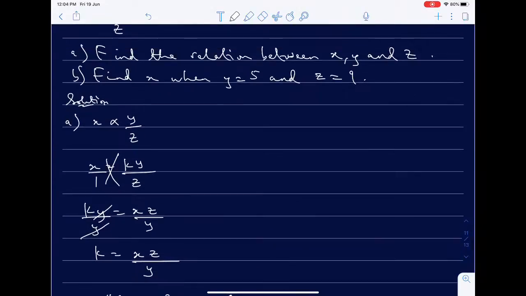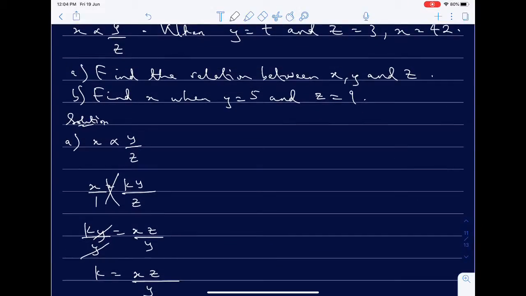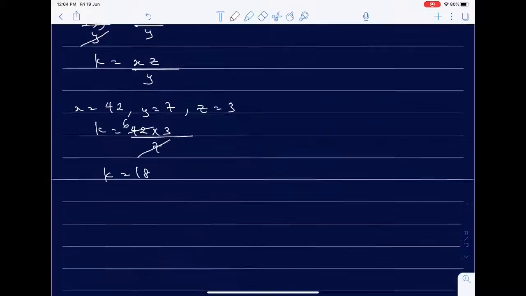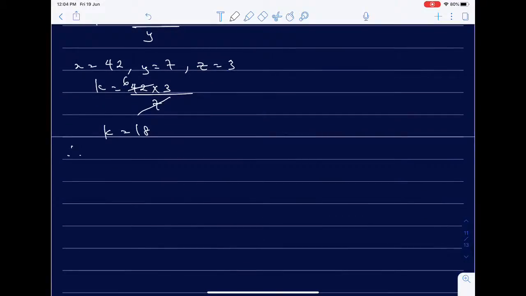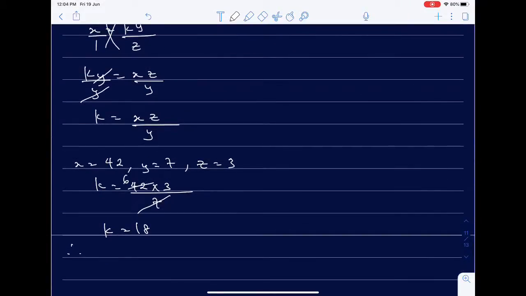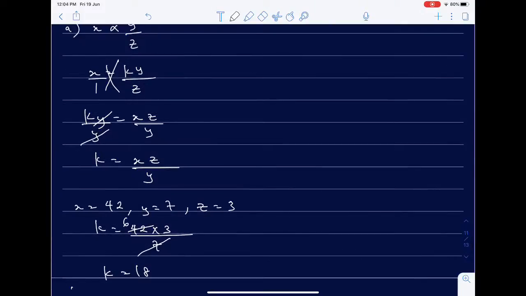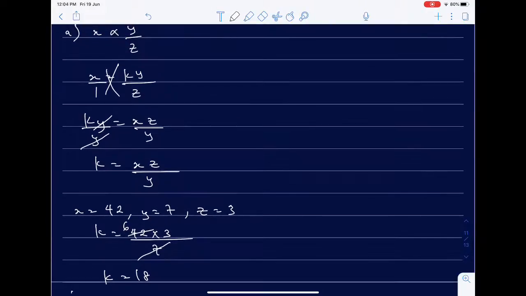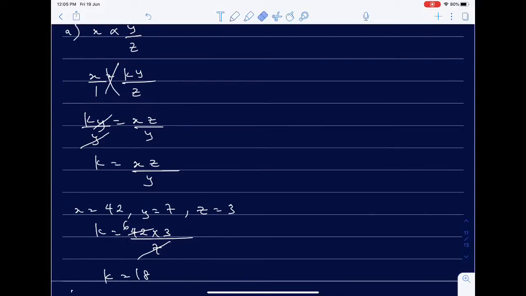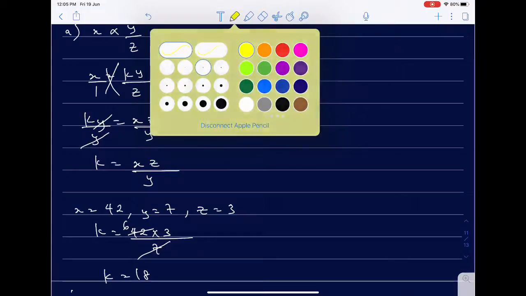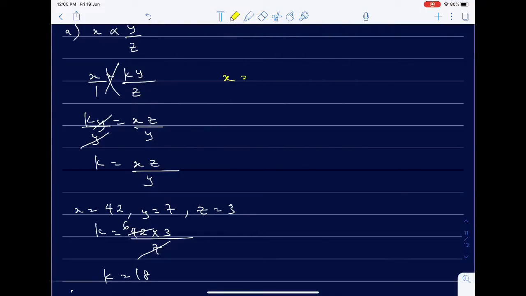And now, what's the question? Find the relation between x, y, and z. Therefore, the relation is simply this. It's simply this, what we got before we made k the subject. And that's actually x equals ky over z. So instead of k, we now write the value we obtained for k.